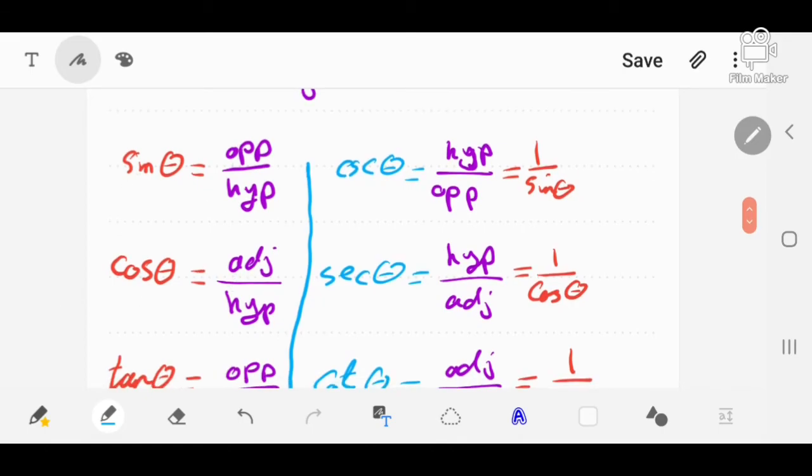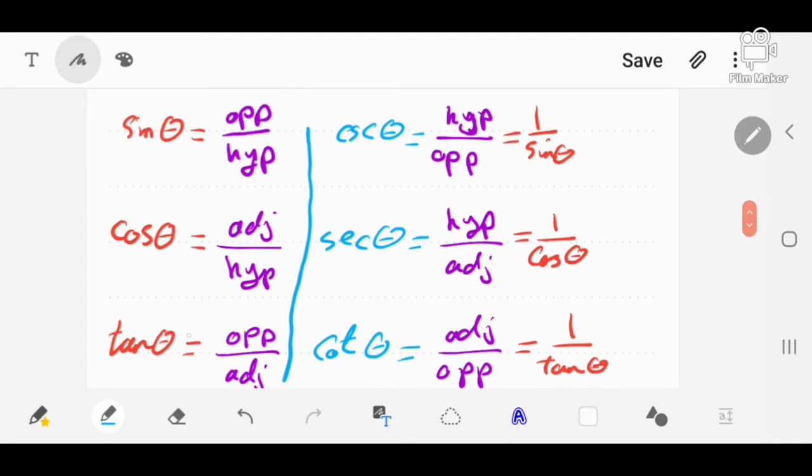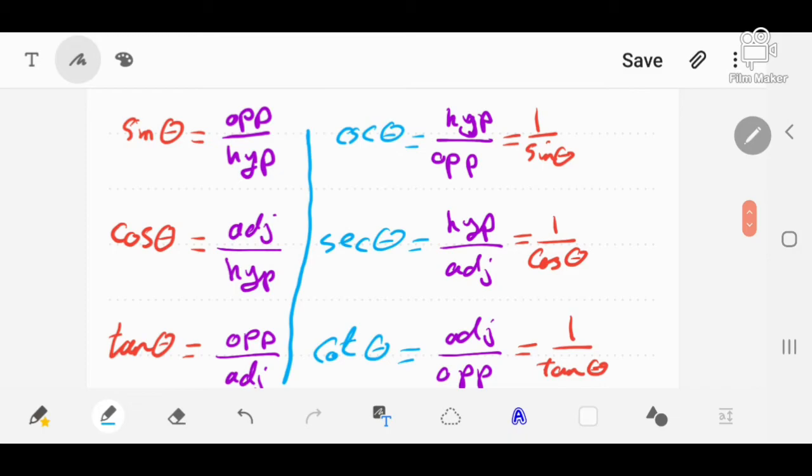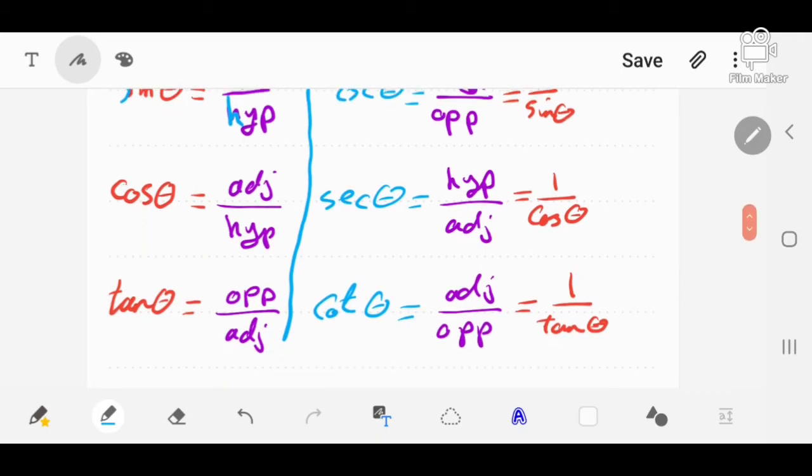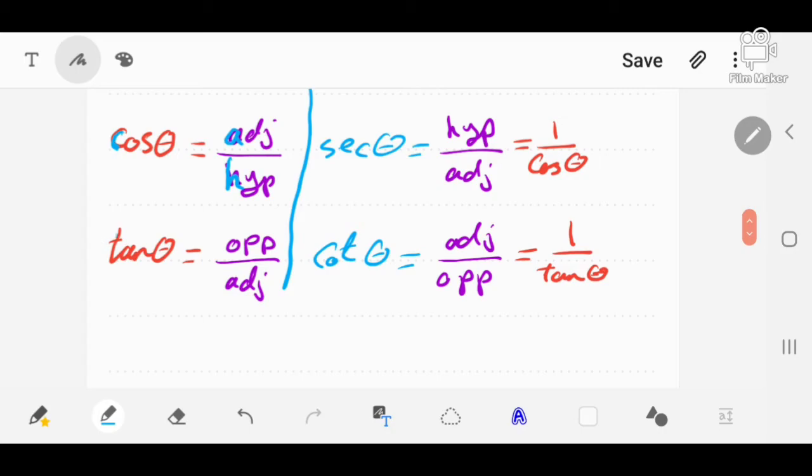Some people may use shortcuts to remember these. S for sine, O for opposite, and H for hypotenuse, they will say so. For cosine, C, A, H, so K. For tan, T, O, A, TOA.